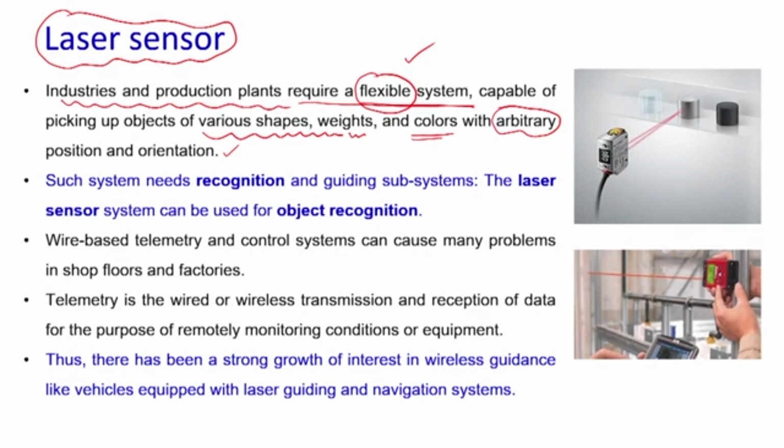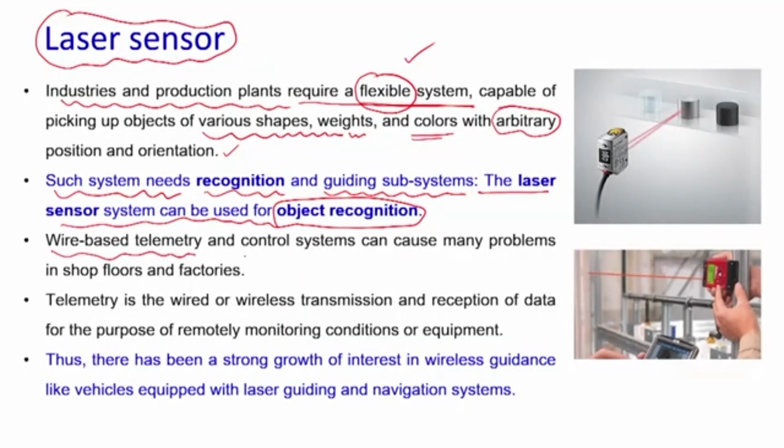That is the technology we want, and lasers are helping in this. Such a system needs recognition and guiding subsystems, and the laser sensor system can be used for object recognition. So the primary, or you can say the prominent, application of laser is in object recognition.